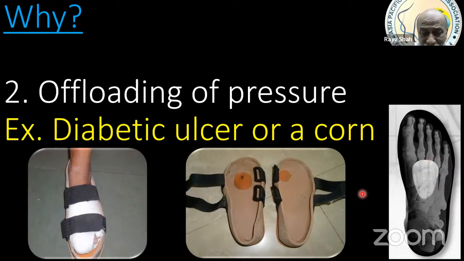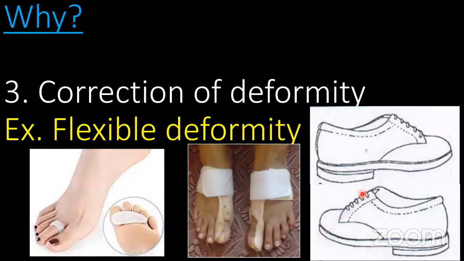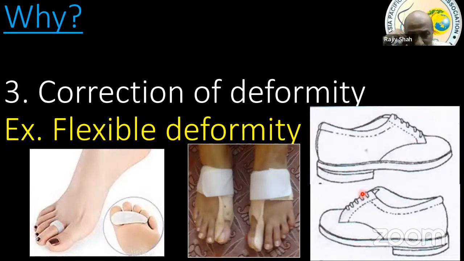The third function is to correct the deformity. Mind you, orthotics can only correct a flexible deformity. If you try to correct a rigid deformity with orthotics, your patient would come back with a lot of pain. So in stage 1 and stage 2 flat foot, where the deformity is flexible, you use corrective orthotics.